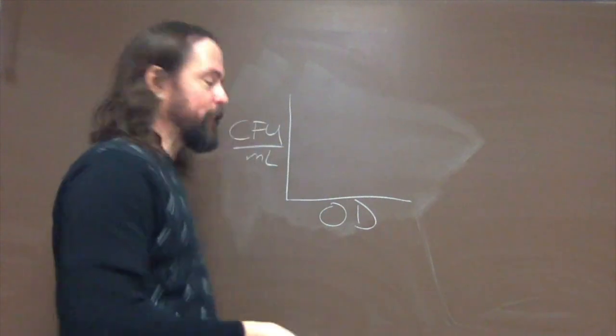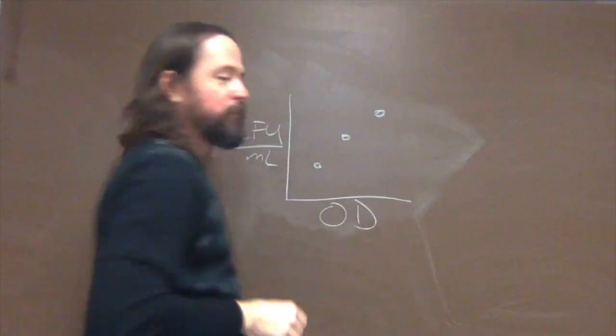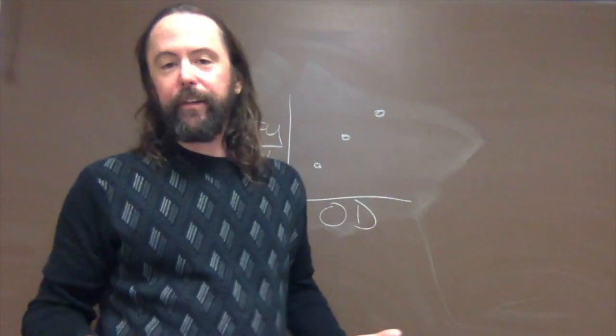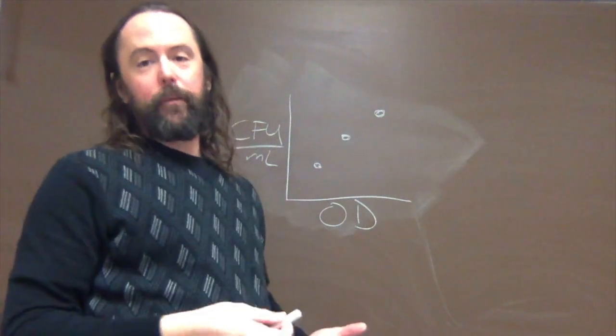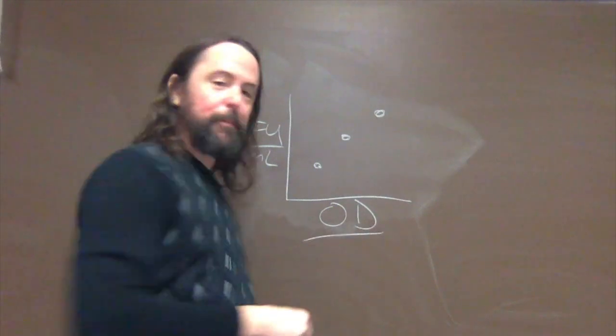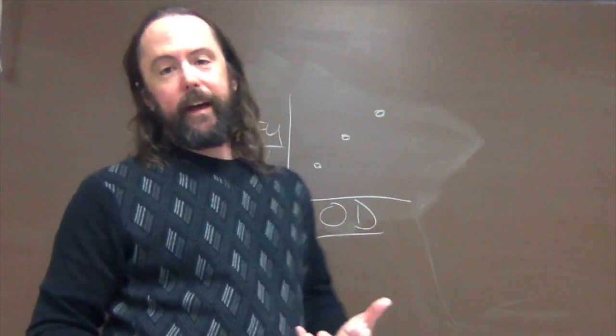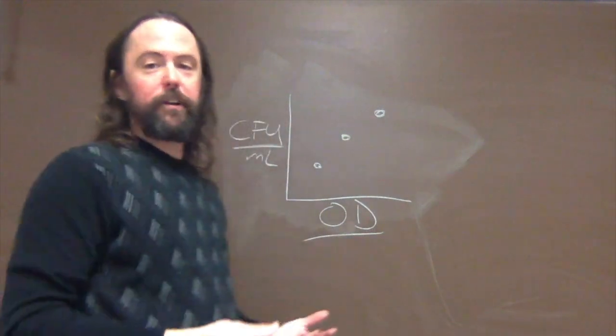So hopefully what we'll see is that there's a nice line, right? That the higher the optical density, the higher the colony-forming units per milliliter that we actually measure. So if we wanted to convert from an optical density measurement, which is really easy to get, to the much more difficult to measure CFUs per mil, we can use what's called a standard curve.